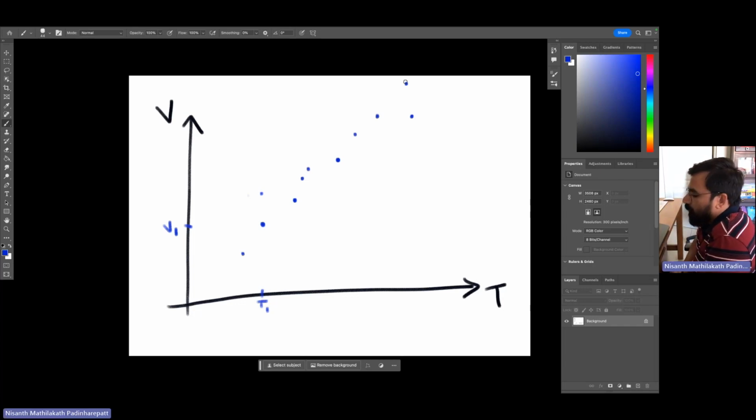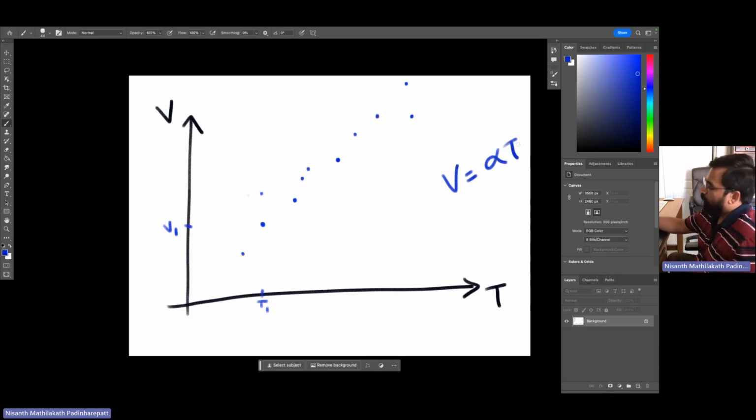Here, what we are doing is making a hypothesis, that there is a linear relationship. It looks linear, so they would have guessed that it's a linear relationship. The model for this volume versus temperature relationship, we can hypothesize, is linear, something like V equal to alpha T. T is the temperature, V is the volume, alpha is a constant.